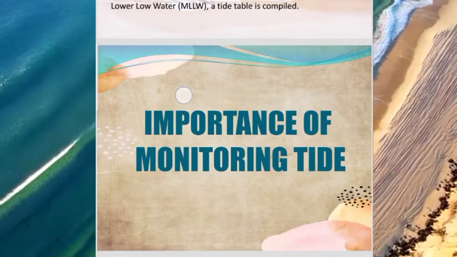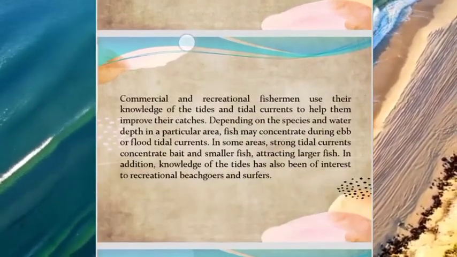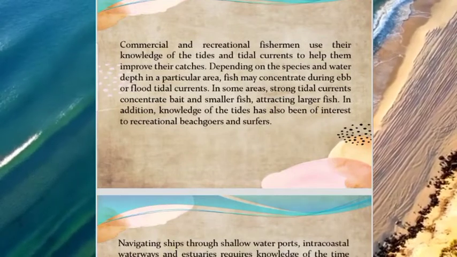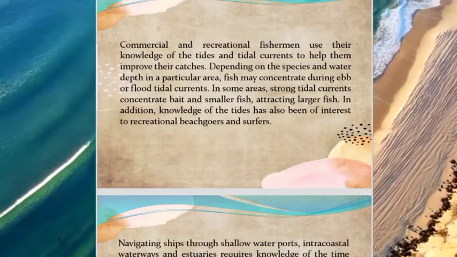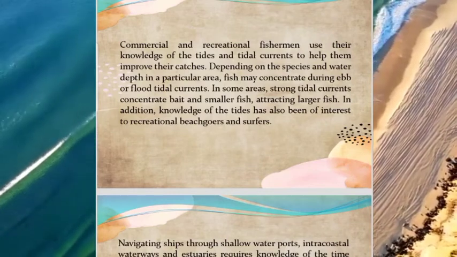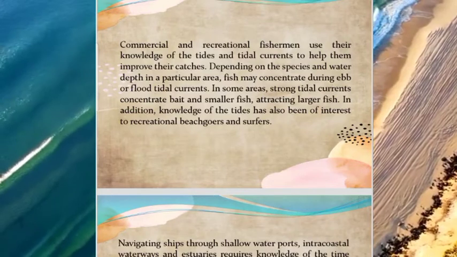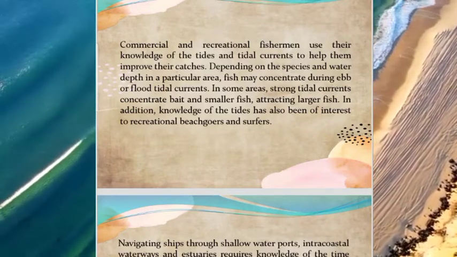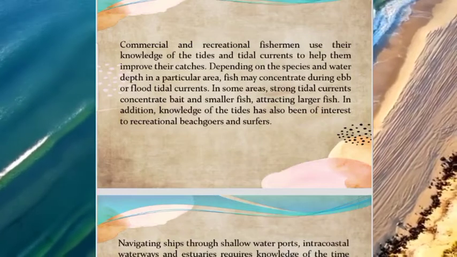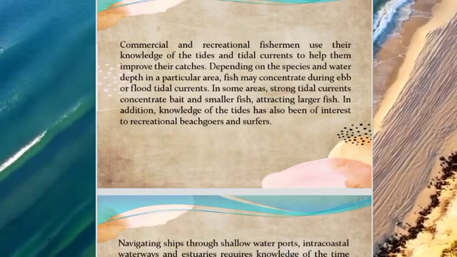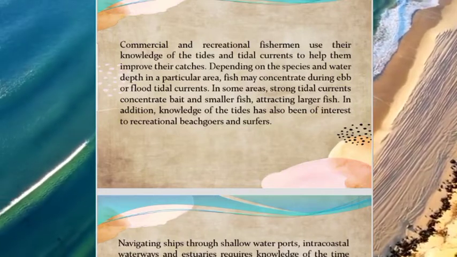Importance of monitoring tide. Commercial and recreational fishermen use their knowledge of the tides and tidal currents to help them improve their catches. Depending on the species and water depth in a particular area, fish may concentrate during ebb or flood tidal currents.